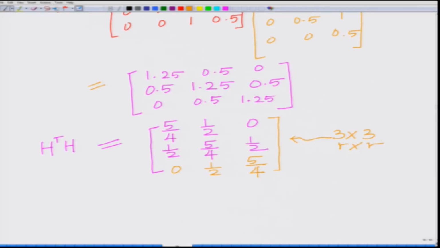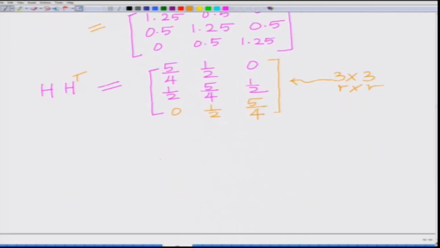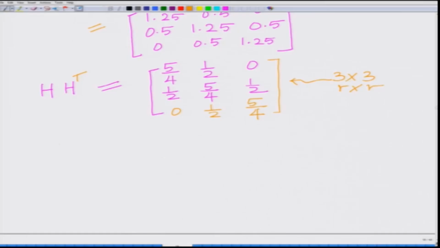Now what we want to find is H H transpose inverse. To find that we have to start by finding the determinant of H H transpose, correct.